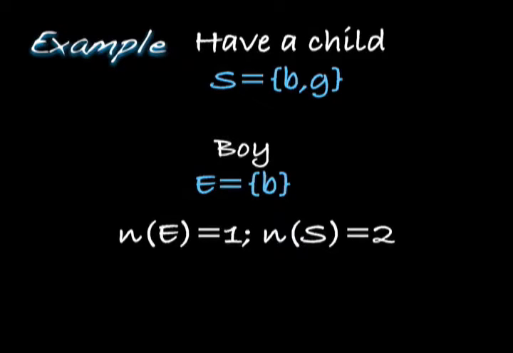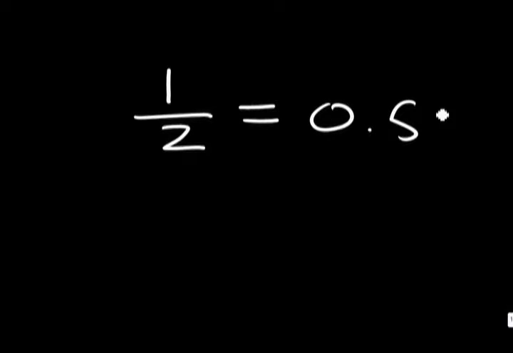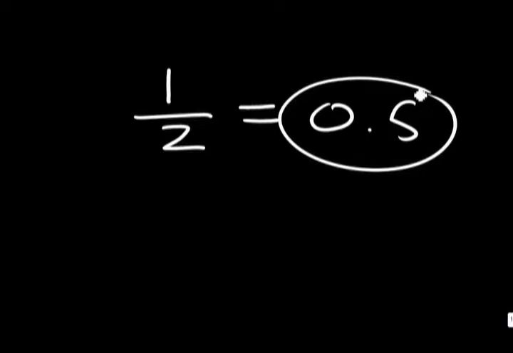Since there's only one outcome associated with having a boy and there are two outcomes that are possible, we can now determine the probability. There's one outcome corresponding to having a boy out of two possible outcomes. Numerically, this is 0.5. Probability of having a boy is 0.5 when you have a single child.